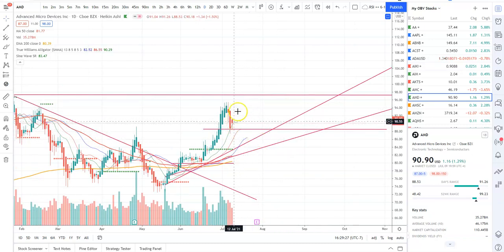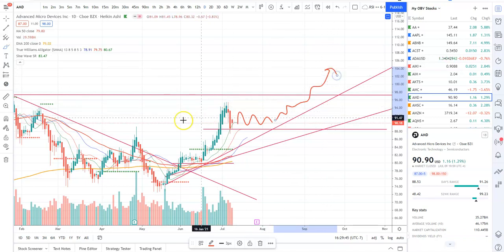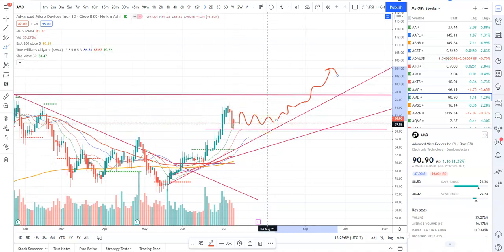I think we're going to need a little bit more time in this zone here. Maybe coming back up to this resistance here, coming back down for a little bit. But we'll see how it goes. Potentially something like this, and then maybe first, second week of August, start making our way up and potentially head for a breakout of this upward trend line, which has been good 6-7 months in play now since early January. So that's what I'm looking at right now, basically on AMD.